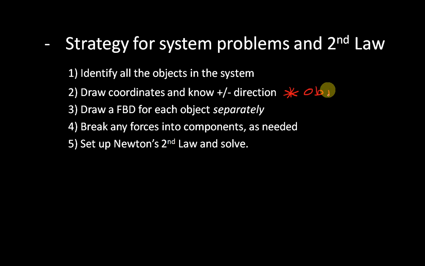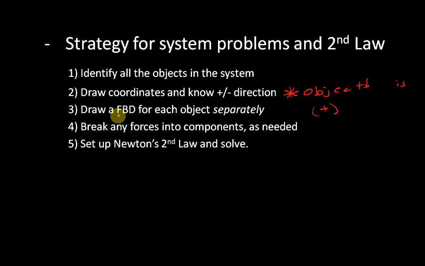So let's say object's motion is positive. If you follow that, it's going to keep you nice and organized, and you're not going to get tripped up when you have positives and you're supposed to have negatives. But that's for a certain problem. The example problem will show that.